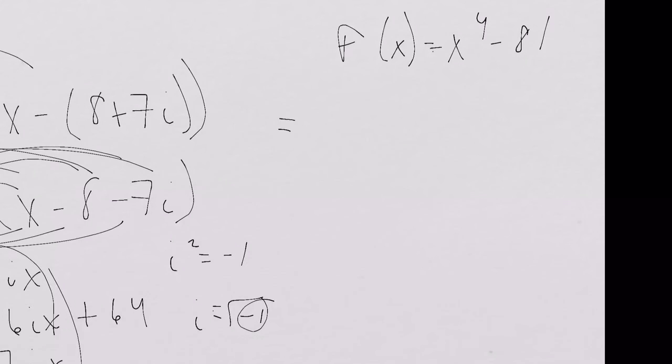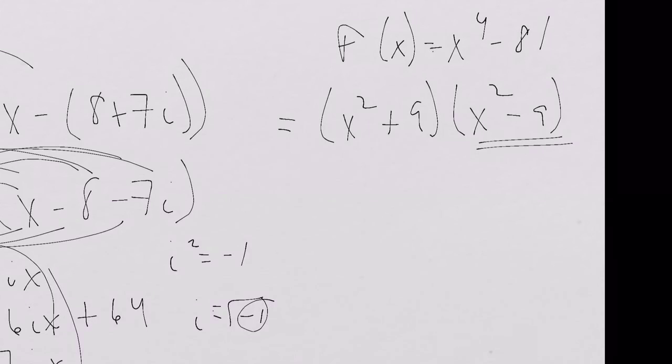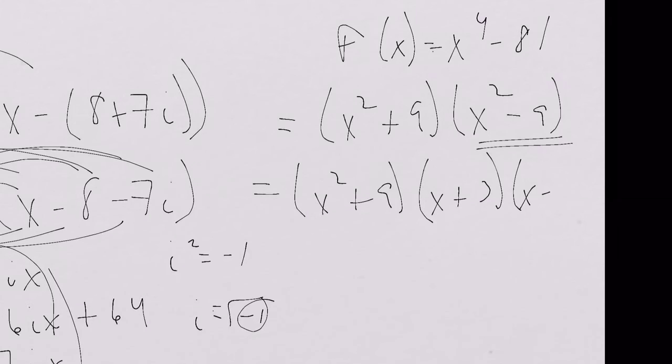So when I start factoring that, I see it's a difference of squares, so that means I have x squared plus 9, x squared minus 9. So this one we can keep on factoring, it's the difference of squares. So I have x squared plus 9, x plus 3, x minus 3. So I see the solutions of x equals negative 3, and x equals positive 3.